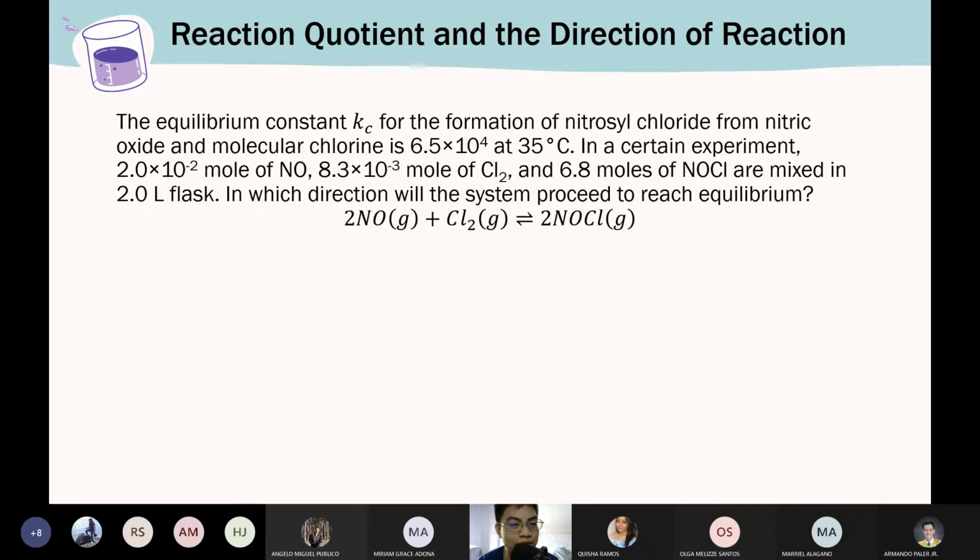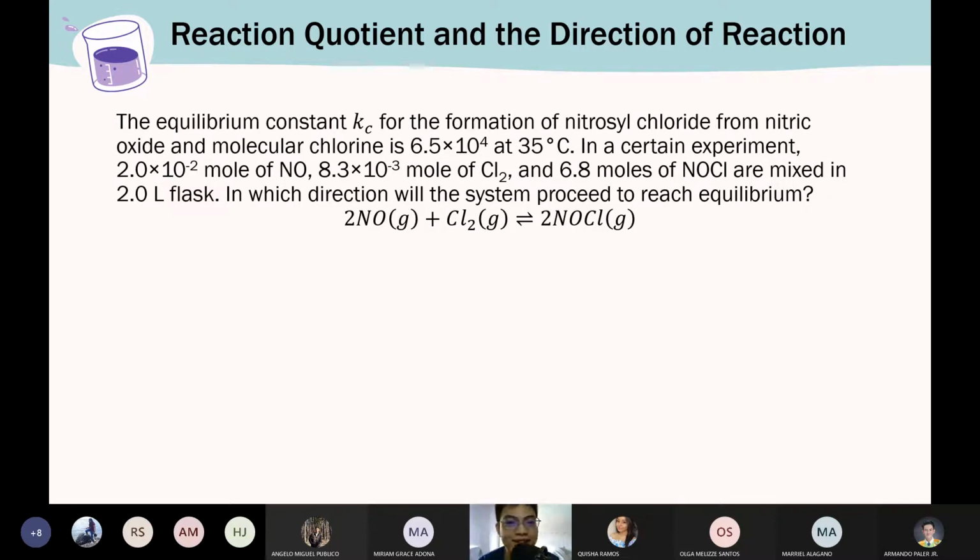Then, in a certain experiment, 2 times 10 raised to negative 2 moles of nitric oxide, 8.3 times 10 raised to negative 3 mole of molecular chlorine, and 6.8 moles of nitrosyl chloride are mixed in 2-liter flask. In which direction will the system proceed to reach equilibrium?